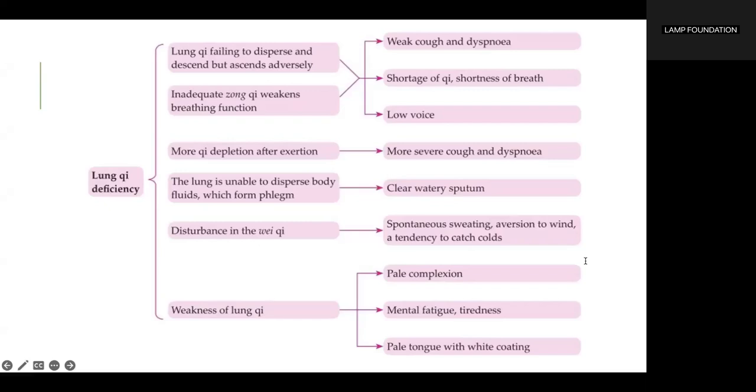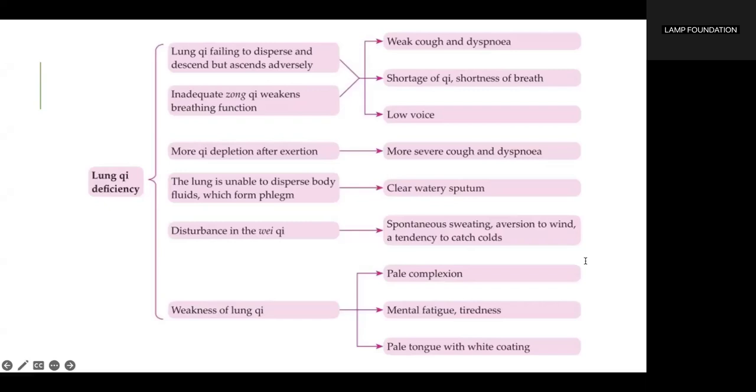The lung is emotionally affected by grief, sorrow, and melancholy. If the person has experienced repeated or excessive grief and sorrow, especially if the grief remains unresolved, it will bind and weaken lung qi. Lung qi is weakened by excessive talking or singing. This is because zong qi is used to create the volume of the voice.